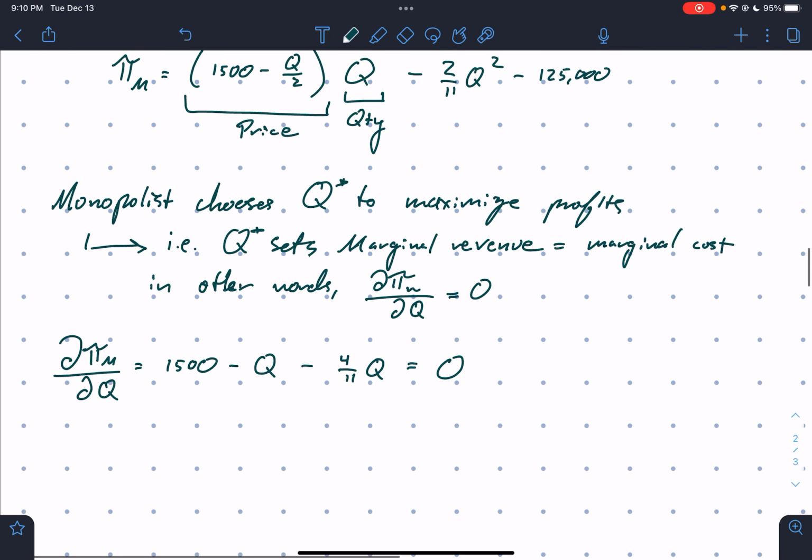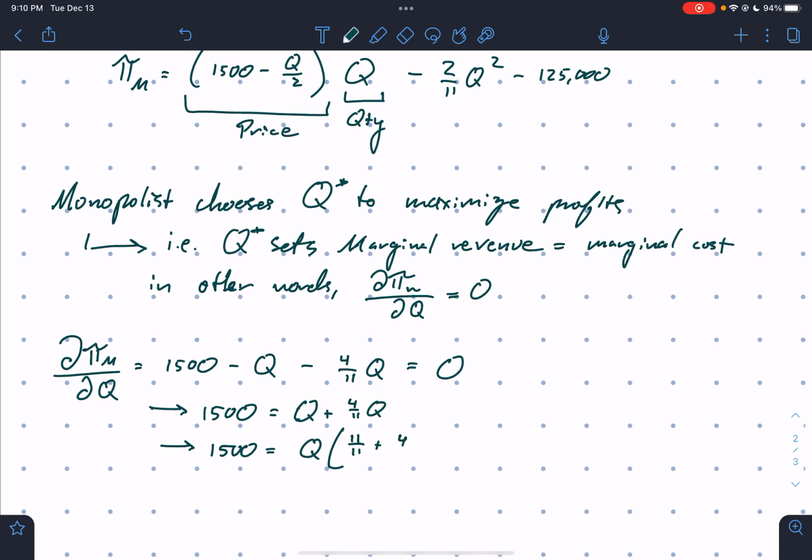I'm going to rearrange this and just solve for Q. So I get 1,500 is equal to Q plus 4/11 Q. So 1,500 is equal to Q times 11/11 plus 4/11. In other words, 1,500 is equal to 15/11 Q. This means that Q is 11/15 times 1,500.